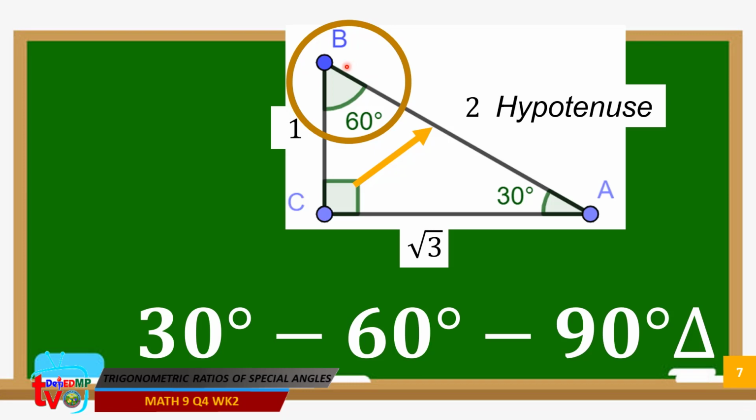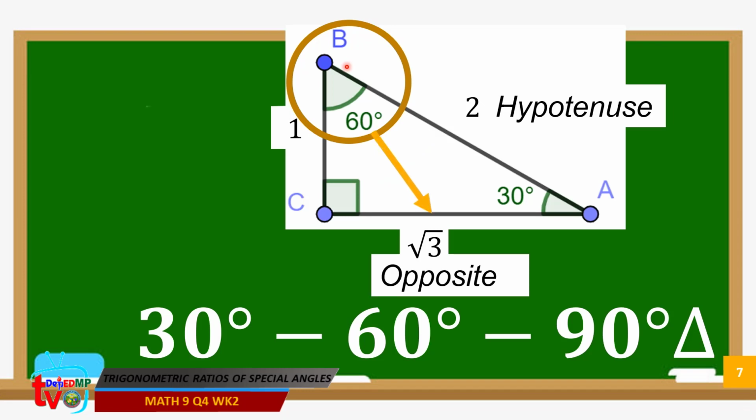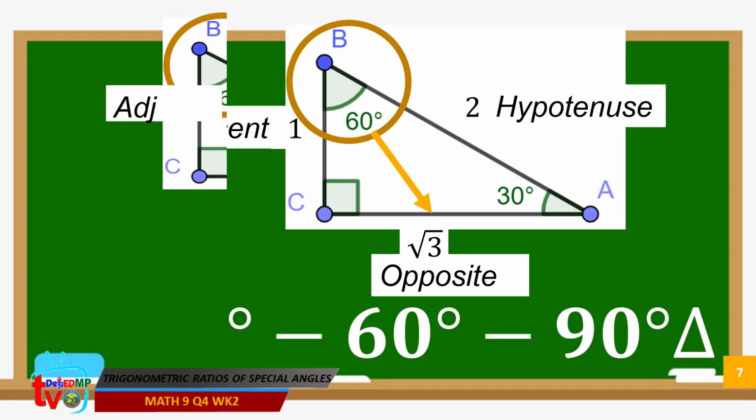Where do you think is the opposite side? That's correct. Our opposite side is line segment AC, which is square root of 3 units long, and the third side is our adjacent side.